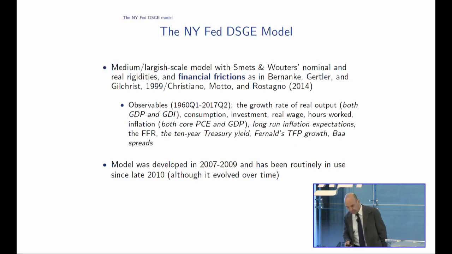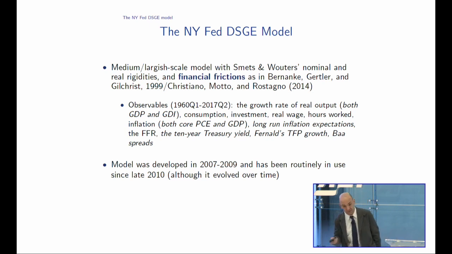Okay. So what's the New York Fed DSGE model? I don't know if I should have spelled out what DSGE model is. DSGE stands for dynamic, stochastic, general equilibrium. Dynamic because it's a model of an economy with many periods. It's a quarterly model.